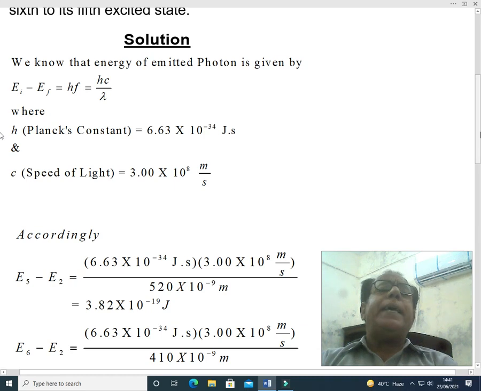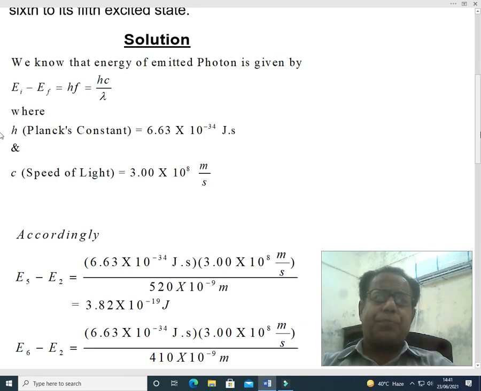Solution. We know that energy of emitted photon is given by Ei minus Ef, where i and f are written as subscripts of E. Ei minus Ef is equal to hf, which is alternatively equal to hc over lambda, where h, Planck's constant, is equal to 6.63 into 10 to power minus 34 joule second, and c, that is speed of light, is equal to 3.00 into 10 raised to the power 8 meter per second.